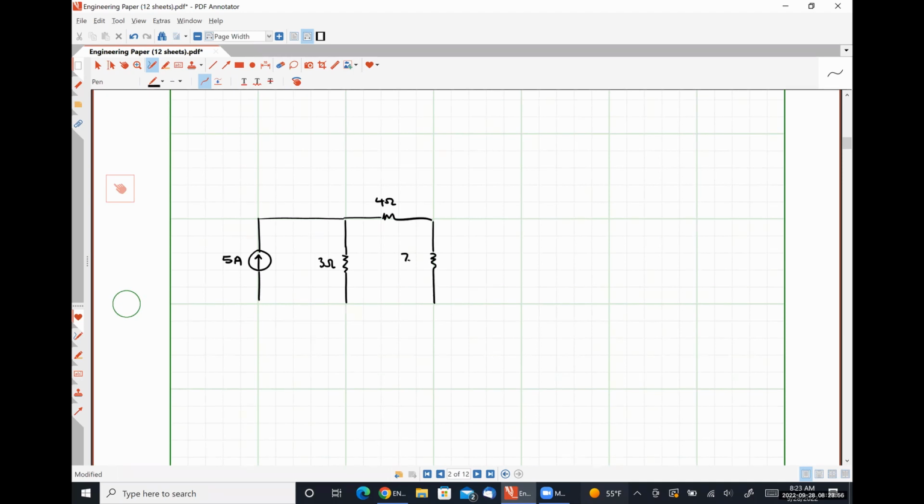Here I have a 7 ohm resistor. I have a dependent source like so.